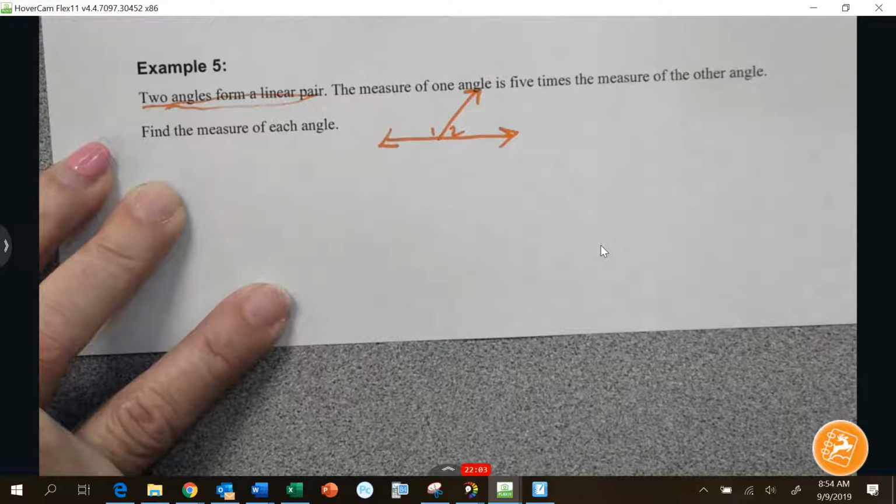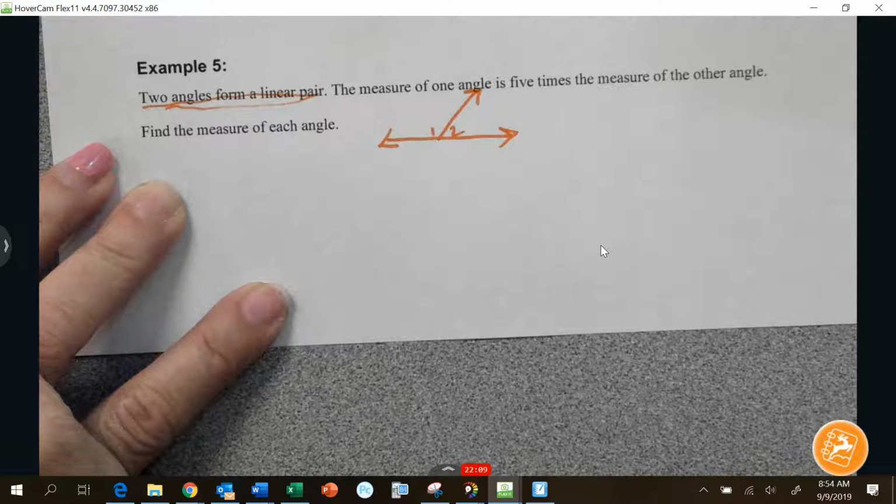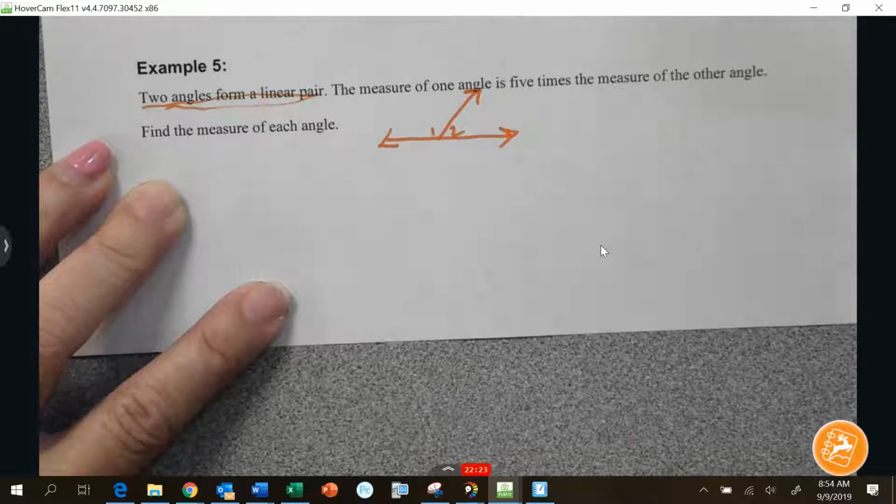One angle is 5 times the measure of the other angle. If I don't know the measure of the first angle, how can I find 5 times the measure of that? Can't. If I don't know the measure of the first angle, what do we do in algebra?